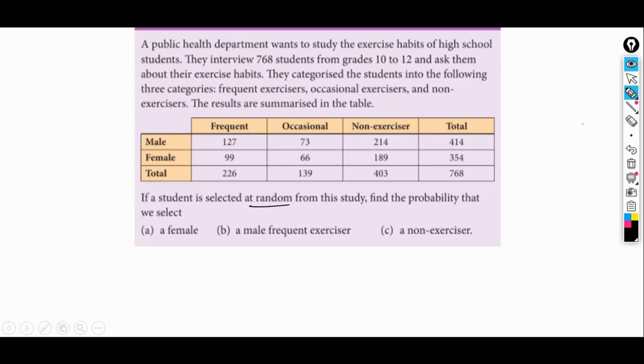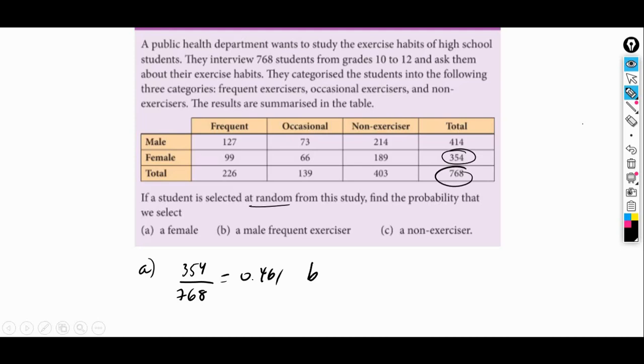If a student is selected at random from this study, so that's from the whole group of students, find the probability that we select A, a female. So it's about finding the probability that we select a female from the whole group. This is simply going to be the total females, which is 354, divided by the total amount of students, 768. And this is going to equal 0.461.